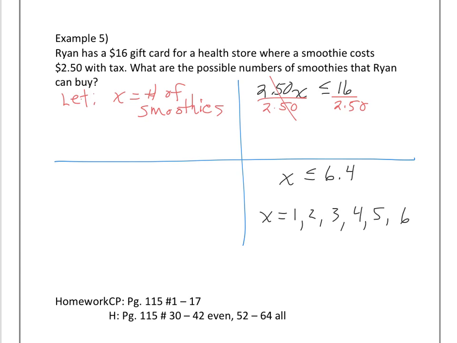Those are the only whole numbers that are less than 6.4. So therefore, Ryan can buy 1, 2, 3, 4, 5, or 6 smoothies.